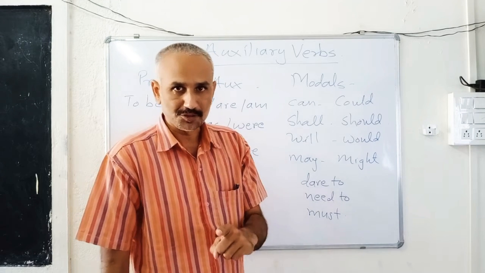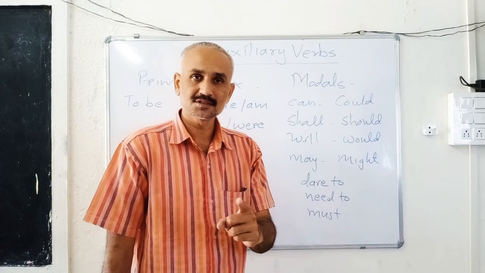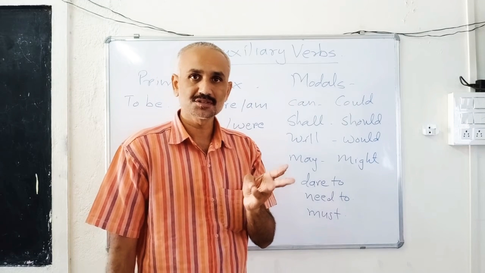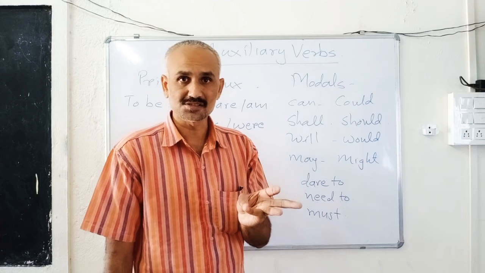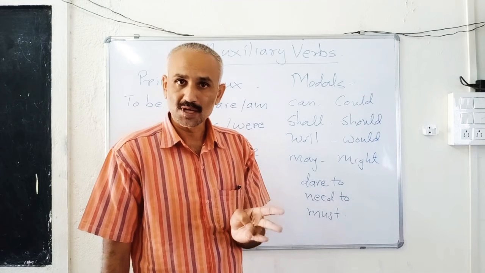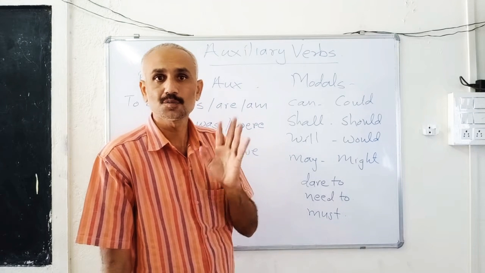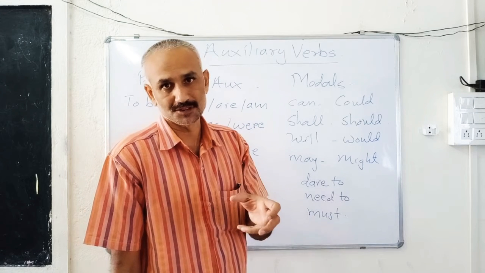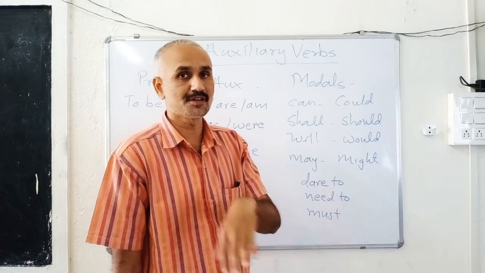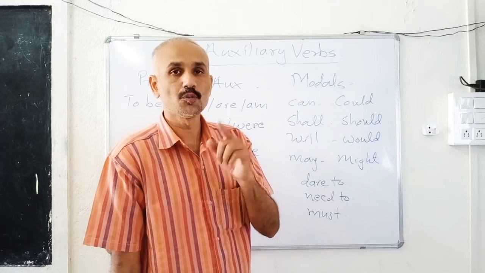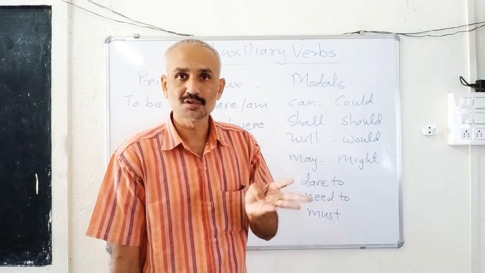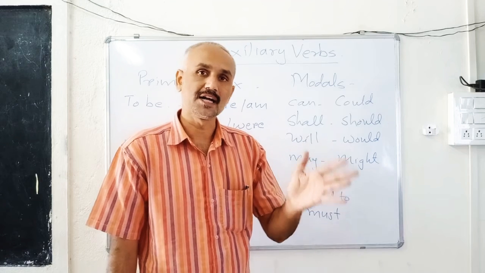Once again I will repeat, closed class of words are prepositions, conjunctions, interjections, pronouns, auxiliary verbs, because we cannot modify or change them. However, open class of words are noun, adjective, verb and adverb.